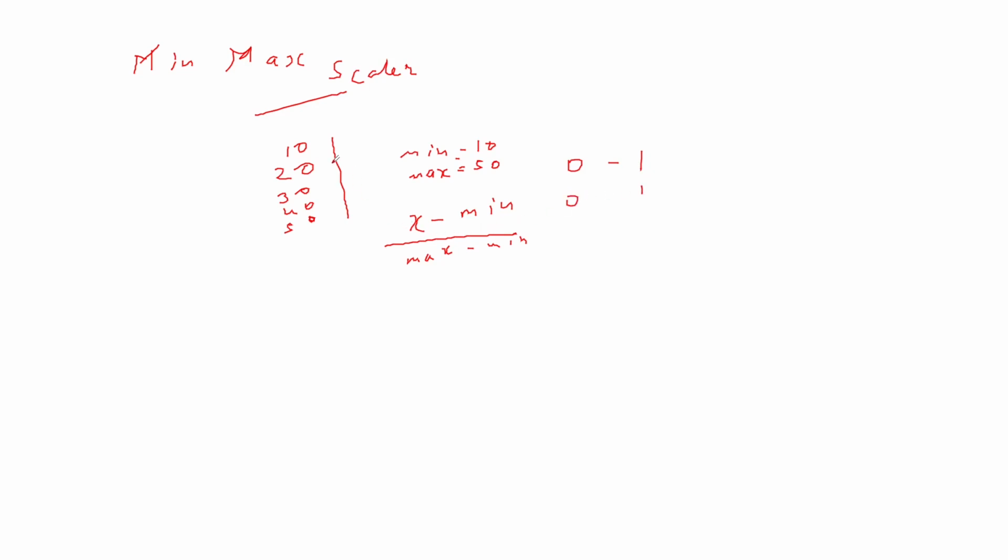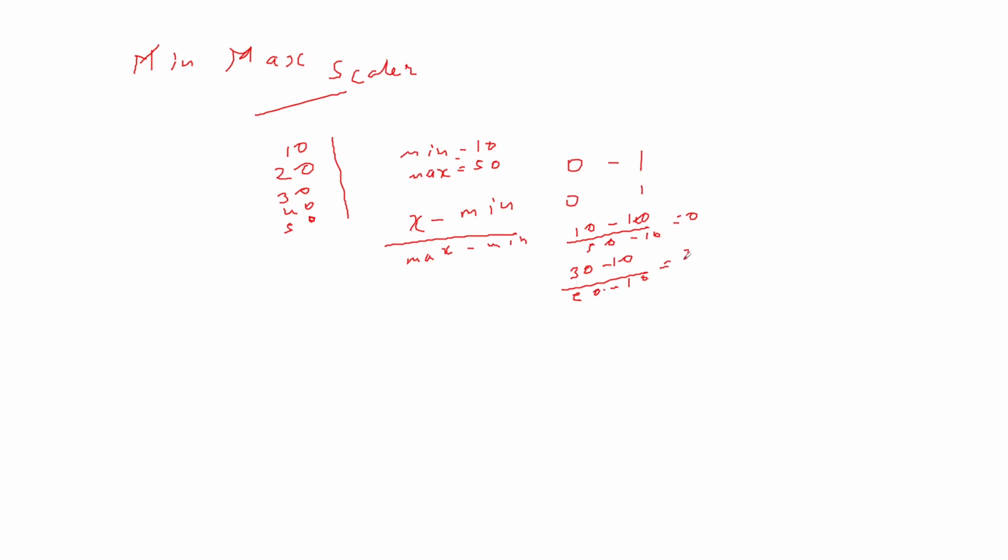So let's say for the first value it is 10 minus min, which is 10, divided by max, which is 50, minus min, which is 10. So this is going to give you 0 because 10 minus 10. So let's say for 30 you have 30 minus 10, and over here you will have again 50 minus 10.